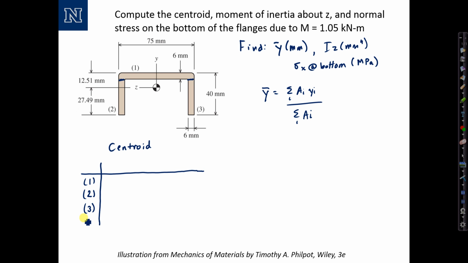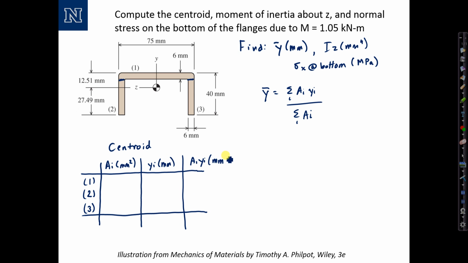In the various columns, I'm going to tabulate for each section its area in millimeters squared, its y sub i value in millimeters, and the product of the two, a sub i times y sub i, which would be millimeters cubed. In the end, I'll want to sum the areas and the a sub i times y sub i term.